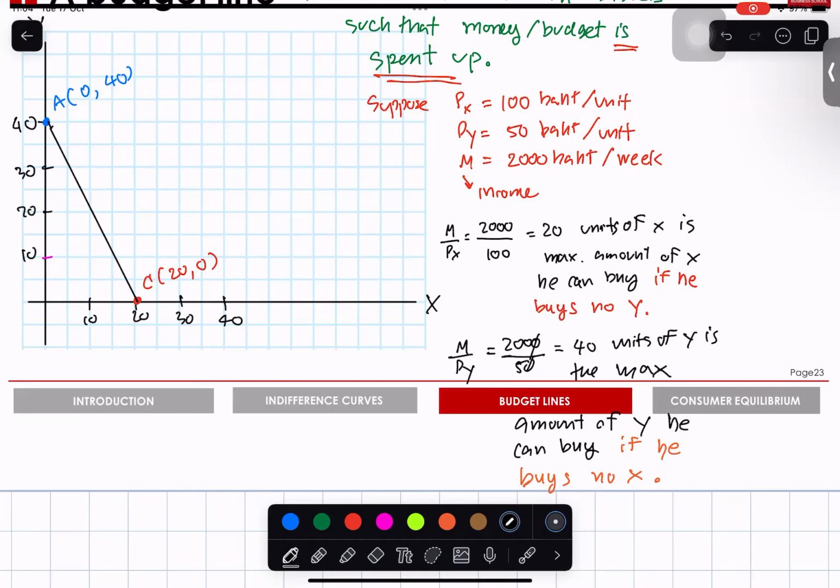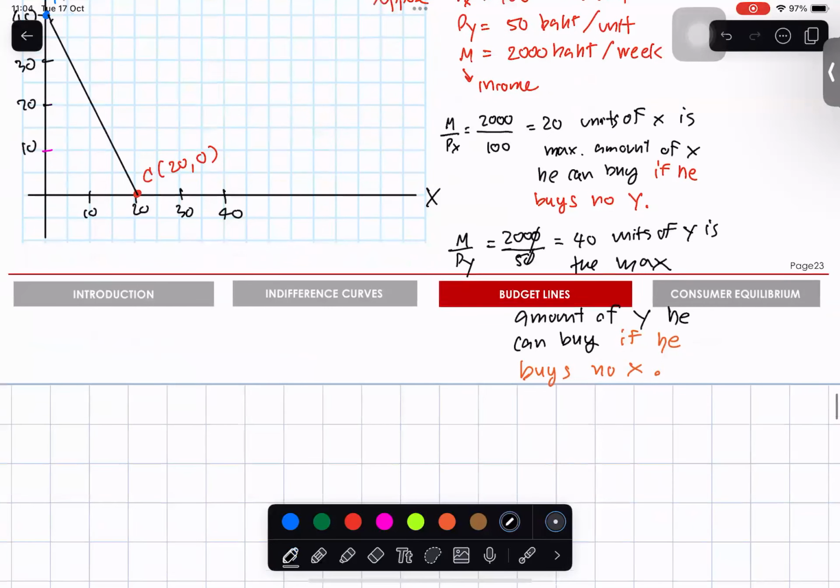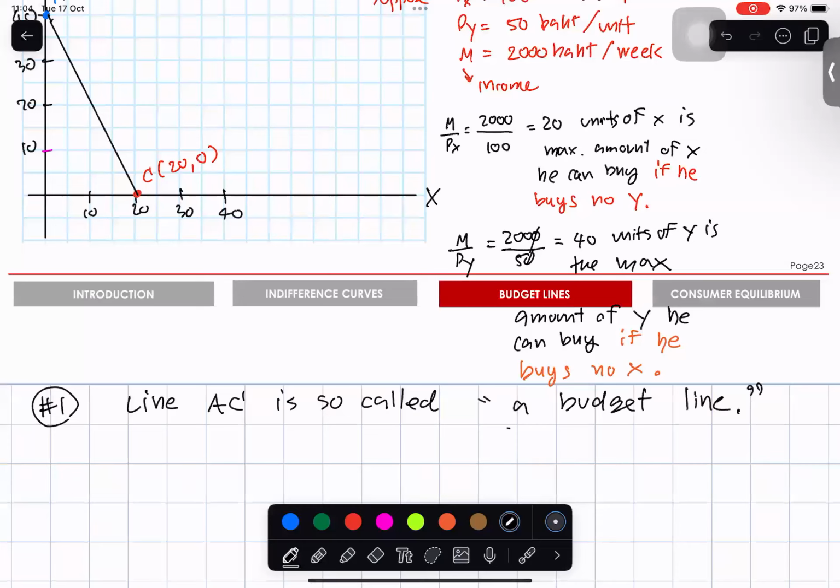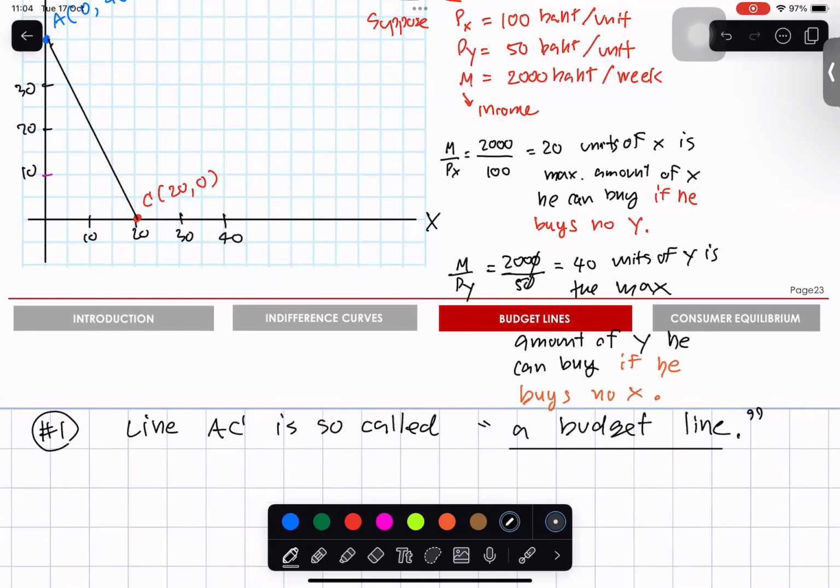And we call this line budget line. Fact number one, the straight line AC is called a budget line.